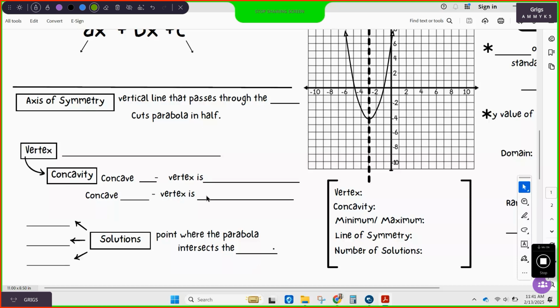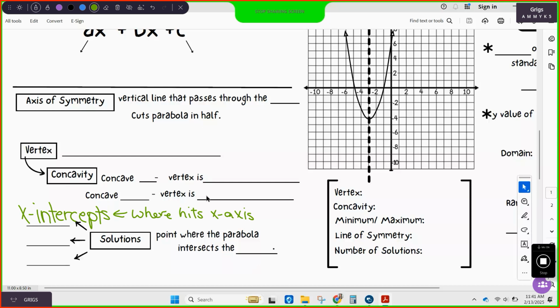So if I'm asking you for the solution to a quadratic function, I'm asking you for the x-intercepts. X-intercepts being where it hits the x-axis. That seems silly to write because we've been doing x and y intercepts for so long, but it just gives you a baseline if you need it to recalibrate your brain.